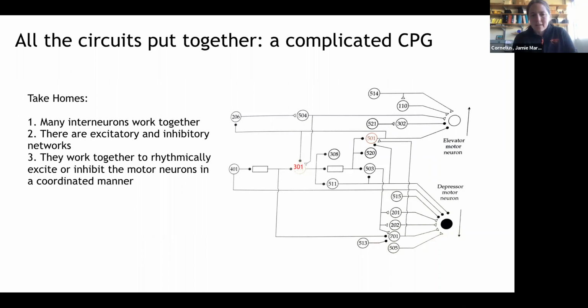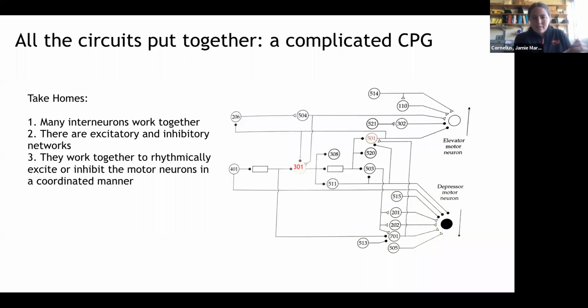There are still some blank boxes here where we know there are interneurons playing a role, but they hadn't been identified at that point. So the take-home points of this figure are that many interneurons are working together. There are excitatory and inhibitory connections within the network, and it's important that you have both. And they work together to rhythmically excite or inhibit the motor neurons in a very coordinated manner.